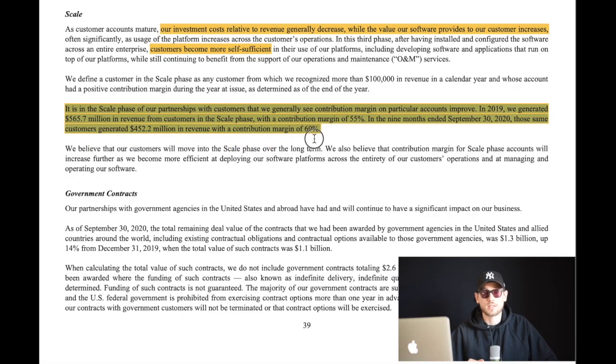So just to illustrate how much costs are decreasing for Palantir in the scale phase, if we do simple math from this example, we can see that the costs have fallen by 55% in 9 months. By 55% in 9 months. They were cut in half in less than a year. So if we take a step back and look at what is happening with cost throughout all 3 phases, we can see that first, sales and marketing expenses are almost exclusive to the acquire and expand phases.